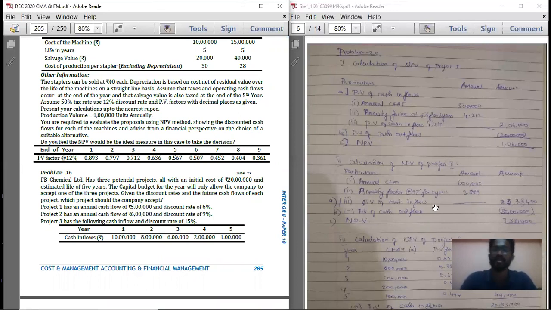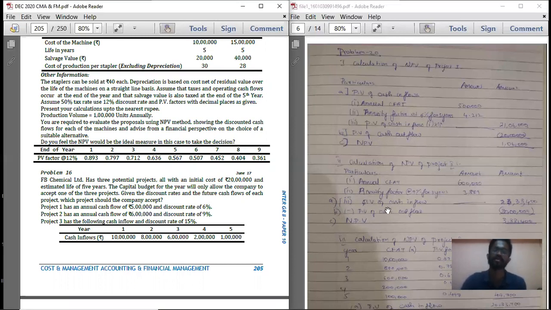So you are getting 23 lakh 33,400 as the present value of cash inflow. Record it in the outer amount column.